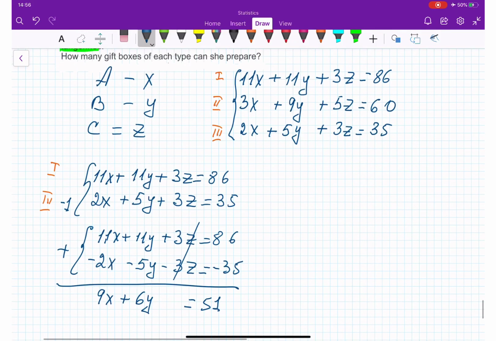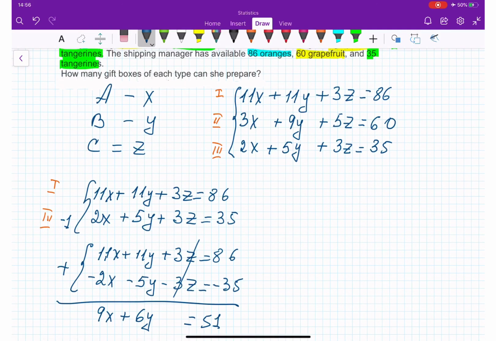Okay, now I have to use the second one because I haven't used the second equation, and with any of the other two. Let me take the third one: 2x plus 5y plus 3z is equal 35. So what am I going to do here?